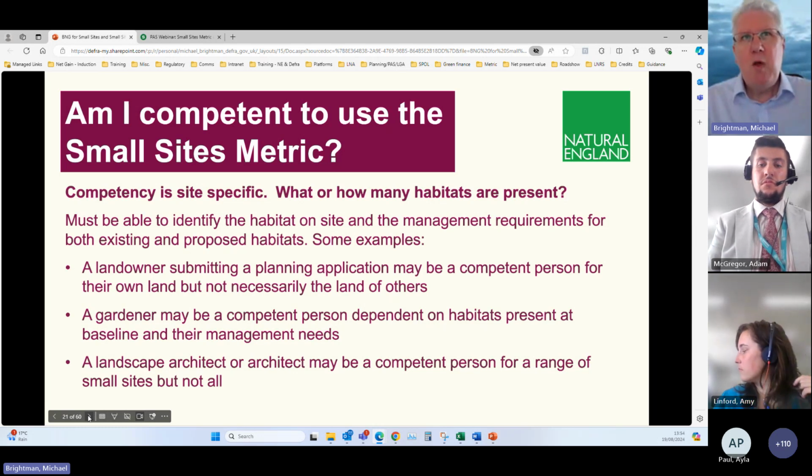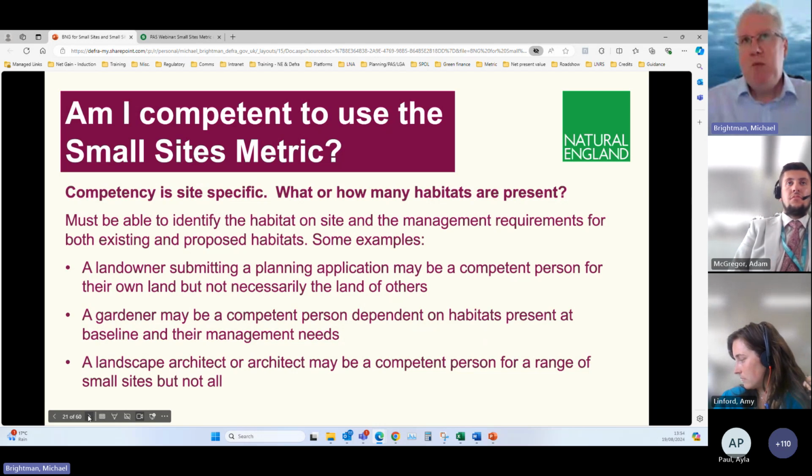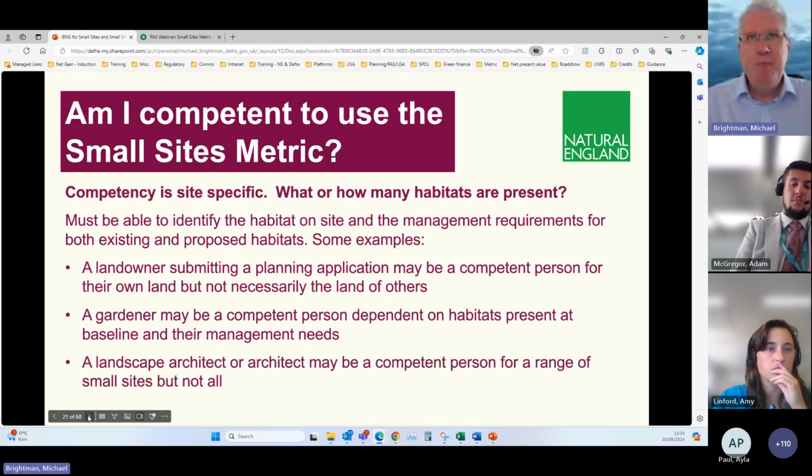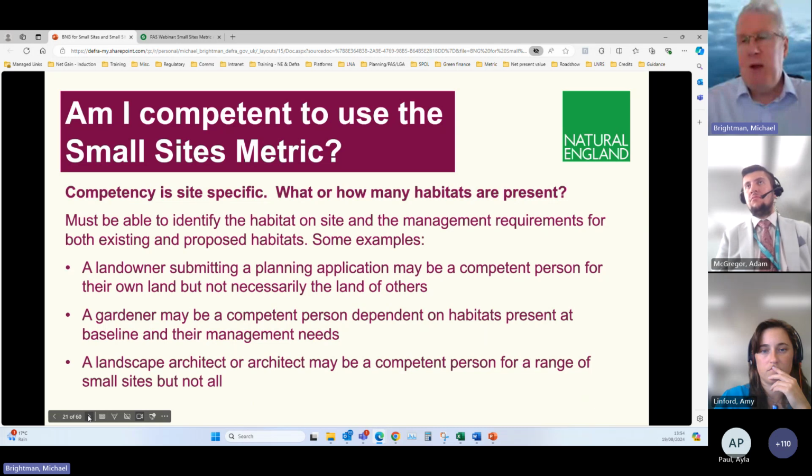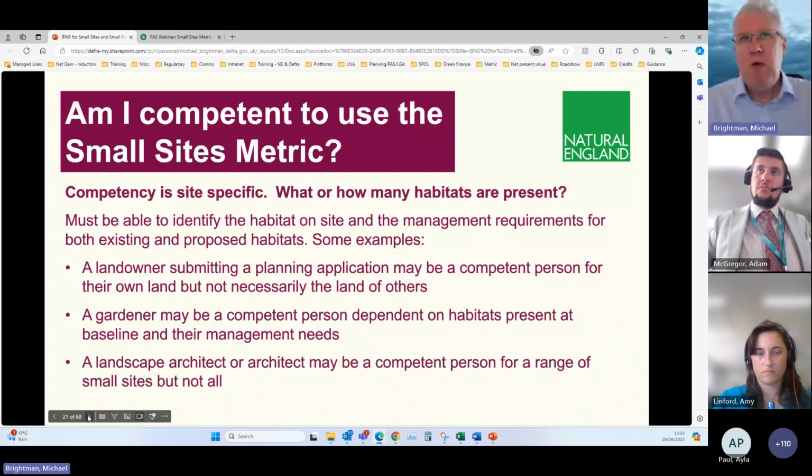Some examples of competency based on that: a landowner who's submitting a planning application for their own land may well be competent for their own land, but that doesn't make them competent for the land of others. A gardener might be a competent person depending on the habitat present at baseline, where it's easily recognisable and where they also know its management needs. And a landscape architect and/or architect may well be competent for a wide range of small sites, but not all of them.